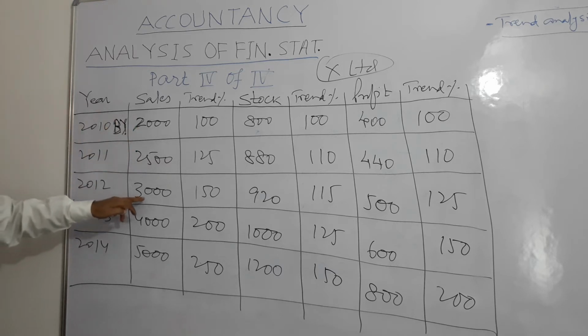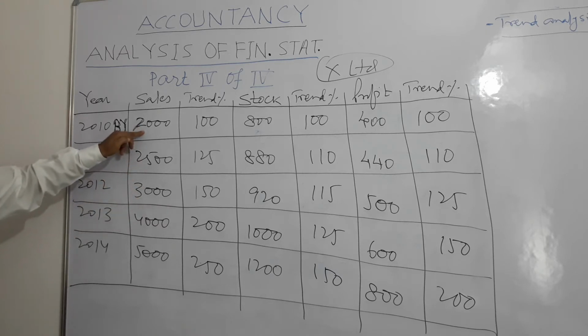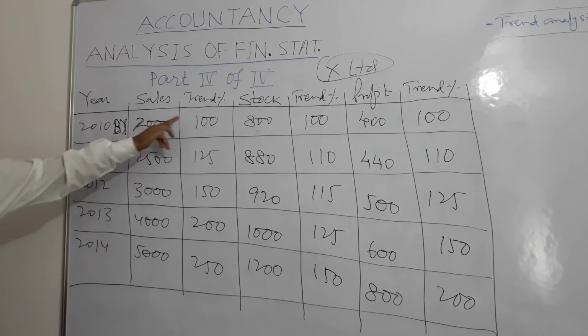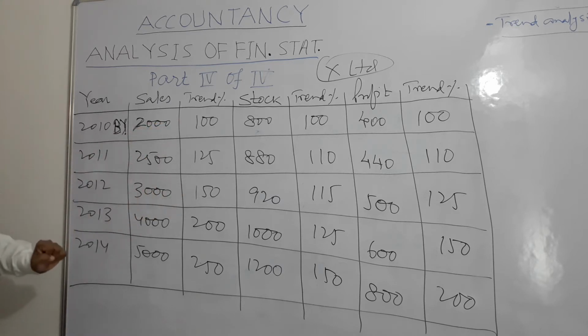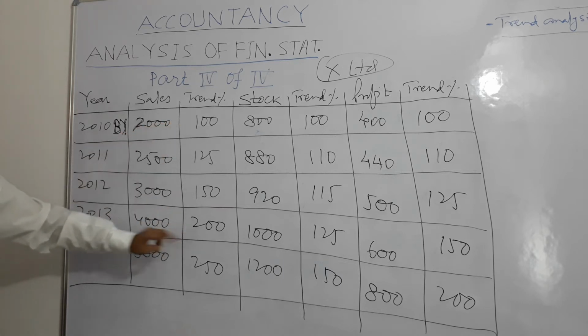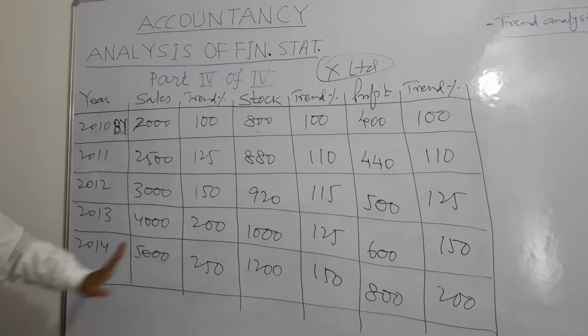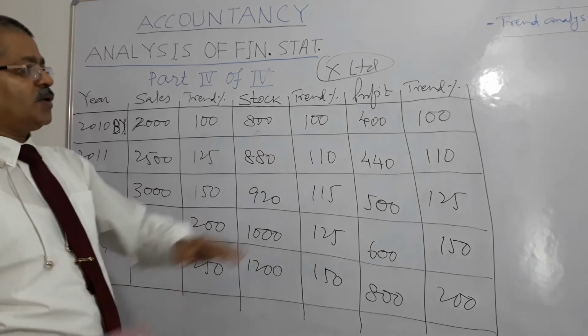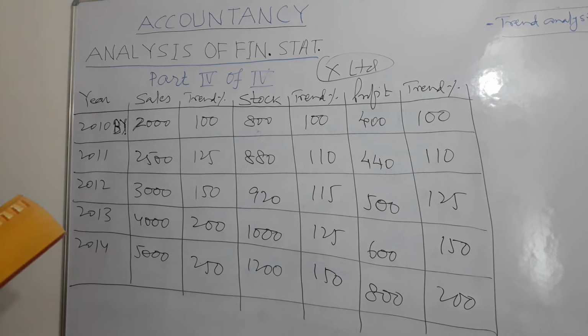When we go to the next year, it becomes 3000. So this 3000 needs to be considered in respect of base year 2000. So in lieu of 100, it has become 150%. Same way, if 2000 has become 4000, then 100% becomes 200%. And similarly for this. So this we have done.